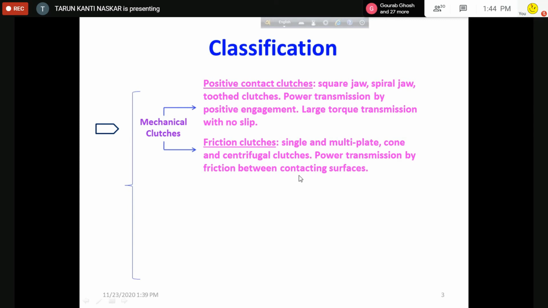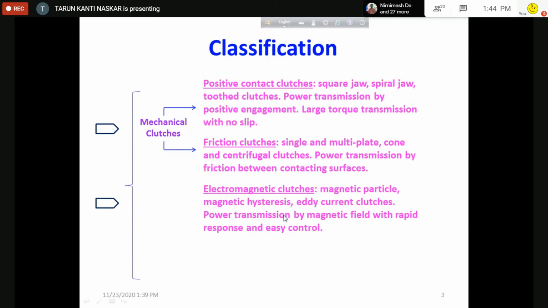This friction is responsible for transmission of motion, and we will concentrate on the multi-plate, single plate, cone clutch and centrifugal clutch. We will discuss these types here. So these are the mechanical clutches.